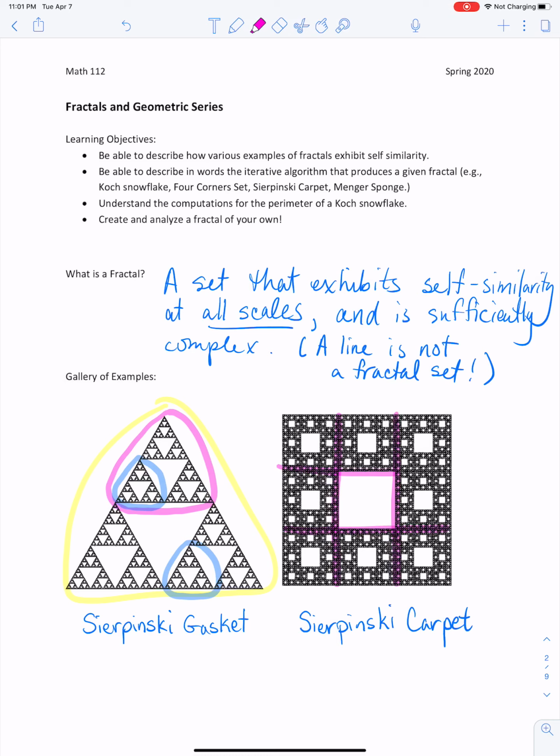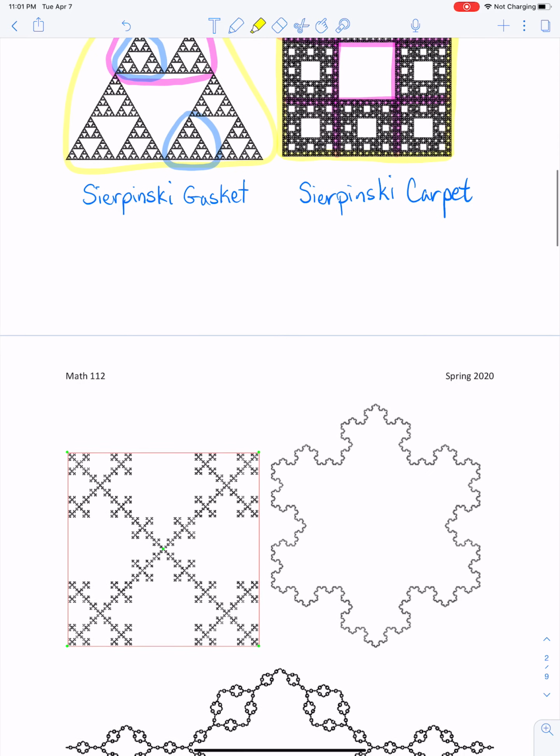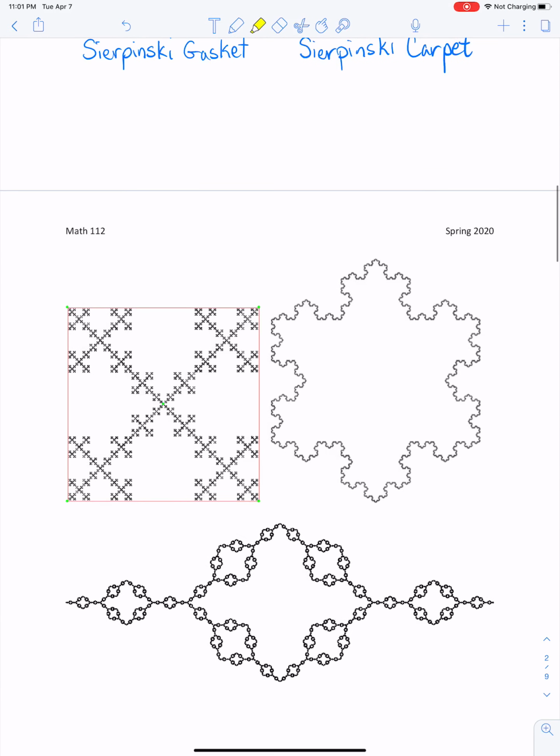I have these 8 pieces, and any one of those is going to look very similar to this whole outer square if I blow this up. So you can see that this is true for many of these other spaces here.